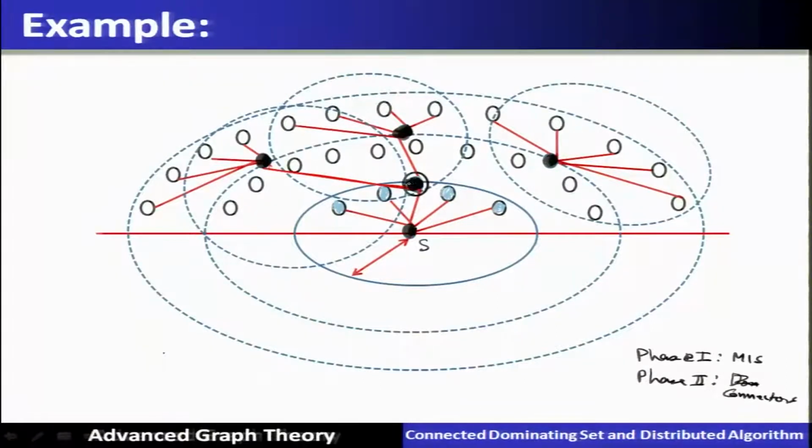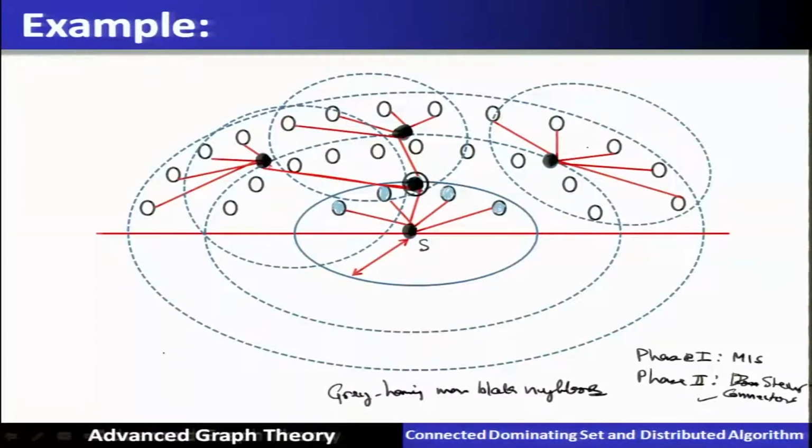So the gray node having the maximum number of black neighbors will be elected as a connector, or through the Steiner tree it will be turned into a dominator.